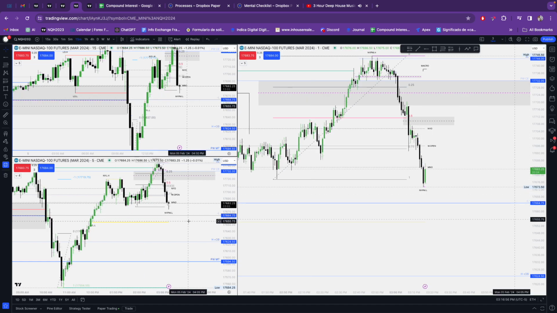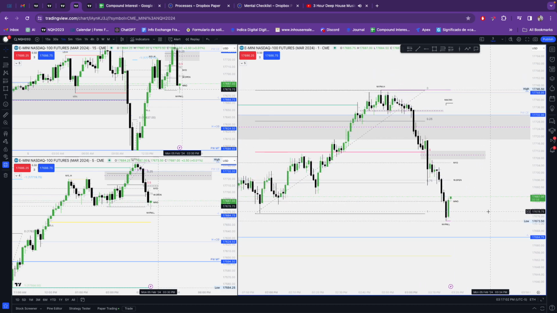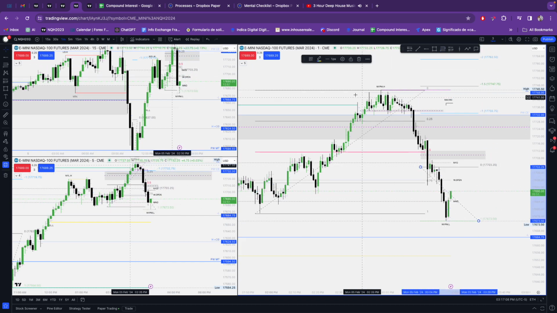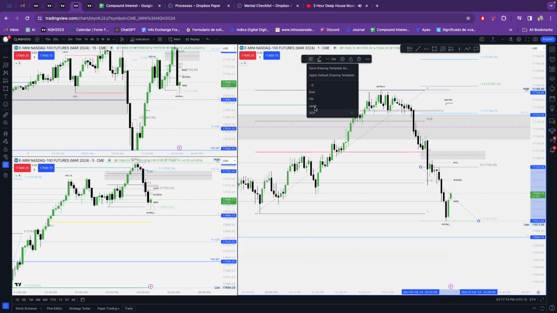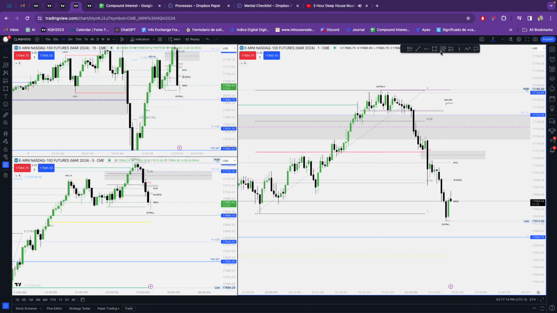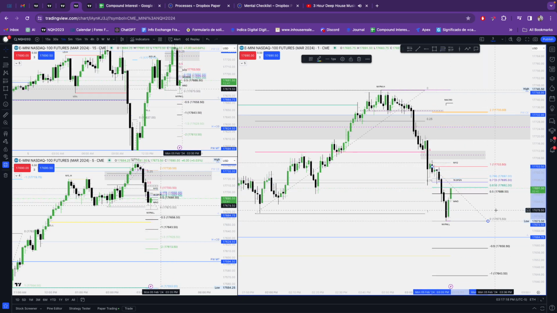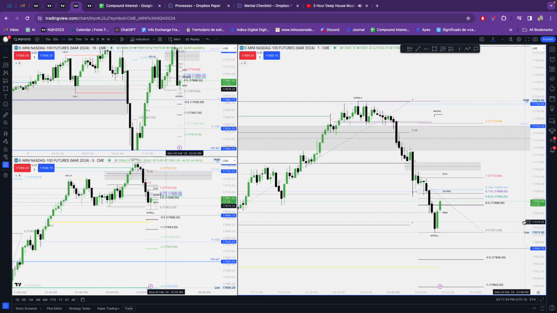Here we go. Here's our wick farming, drawing liquidity here. So if I were to enter in on this, it'll be for a couple of points. But we could very well come up to this optimal trade entry, right, this fair value gap right here.